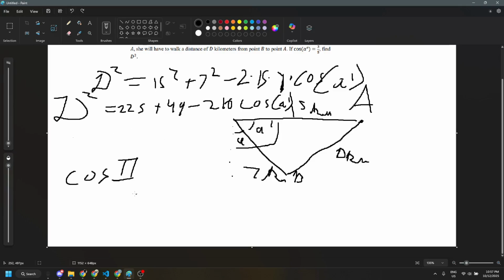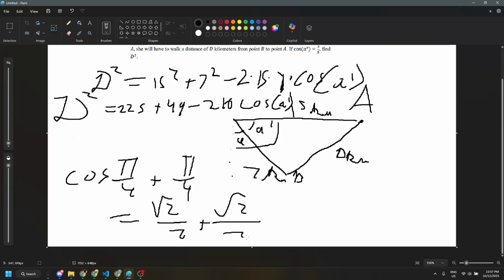No, pi over 4 plus pi over 4. Cosine of pi over 4 is root 2 over 2 plus square root 2 over 2, which is just root 2. So, no. It does not add to 1.